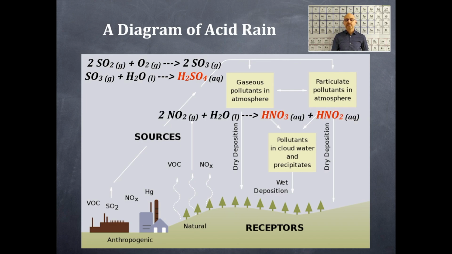And then NOx, SOx and NOx, right? Nitrogen dioxide plus water will form nitric acid and nitrous acid. Those two acids, nitric acid and nitrous acid, will also come down in the form of acid rain. And it will destroy our environment in a variety of different ways.